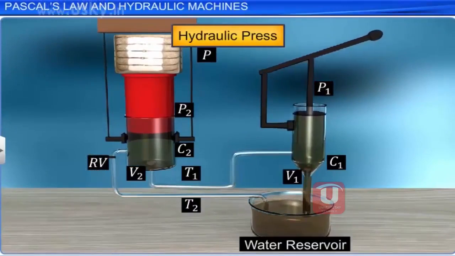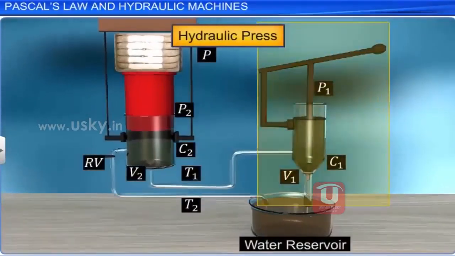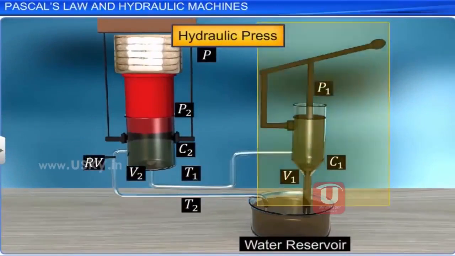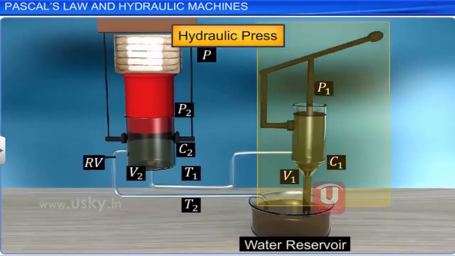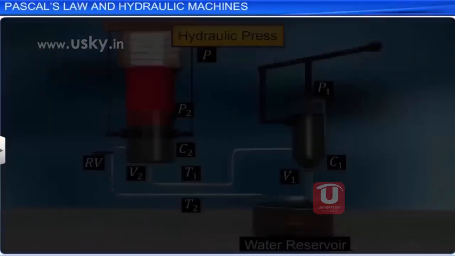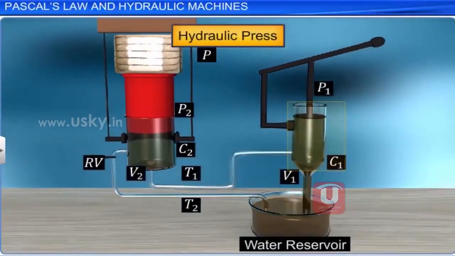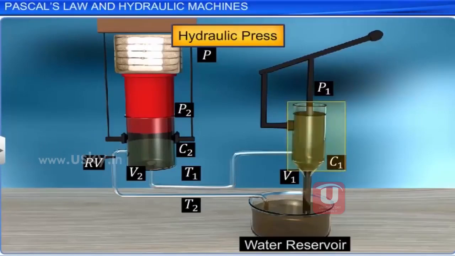During this process, valve V2 remains closed. When piston P1 is pressed down, valve V2 is opened. Valve V1 is closed and the water is pushed from cylinder C1 to cylinder C2 through T1.